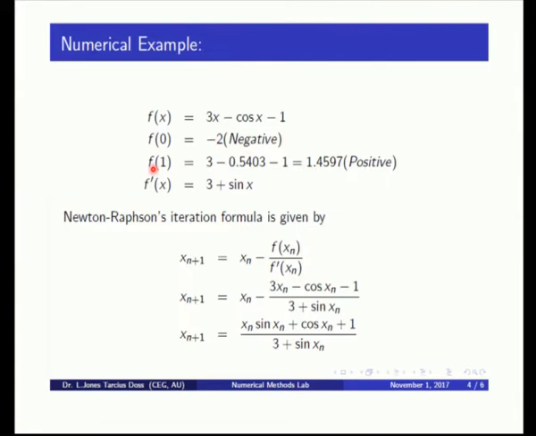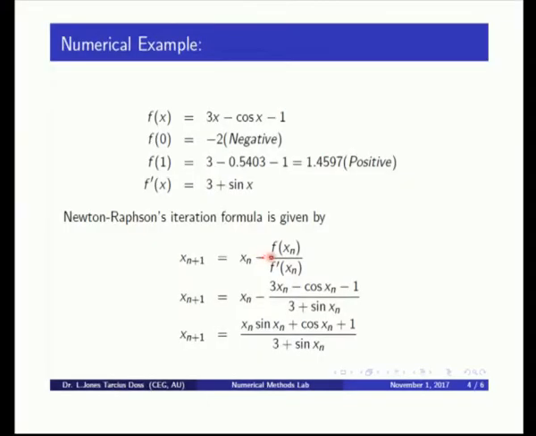Then I choose another arbitrary value, 1, and plug it in, and I get a positive value. This given function f of x is continuous, and it changes its sign between the two values 0 and 1. So, by the intermediate value theorem definitely there is a root. That root we want to capture.